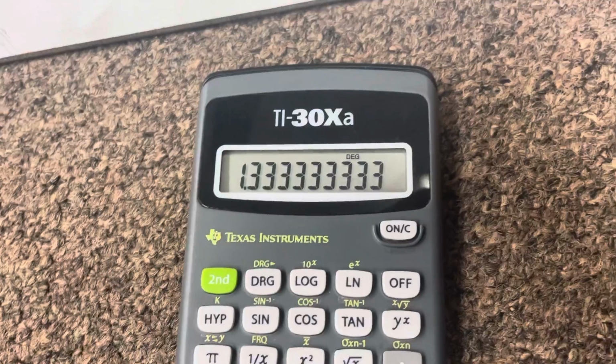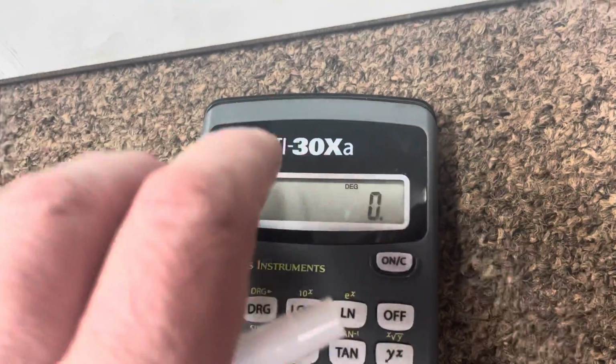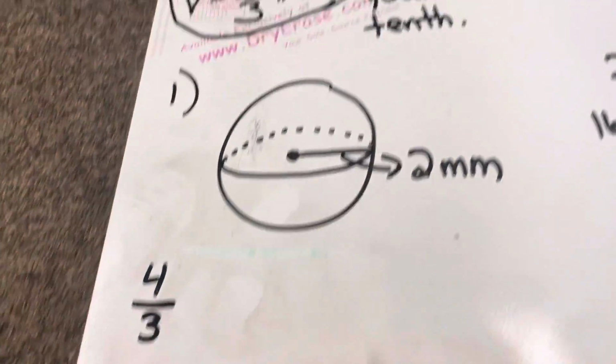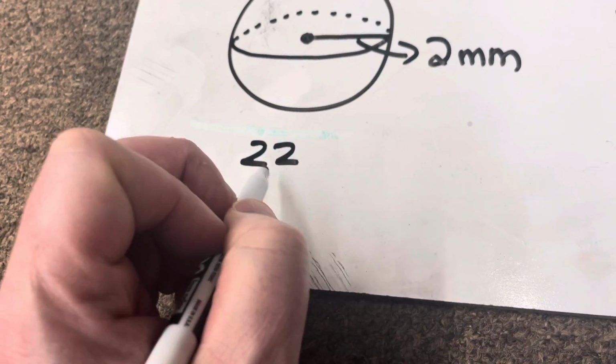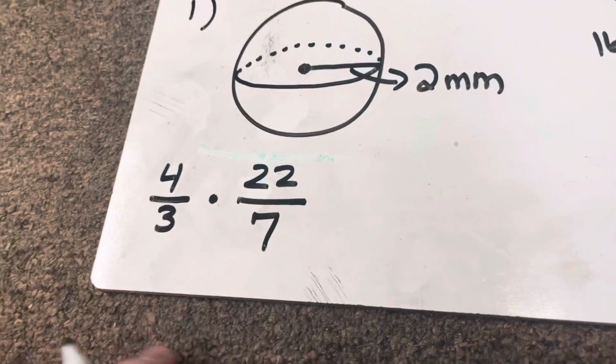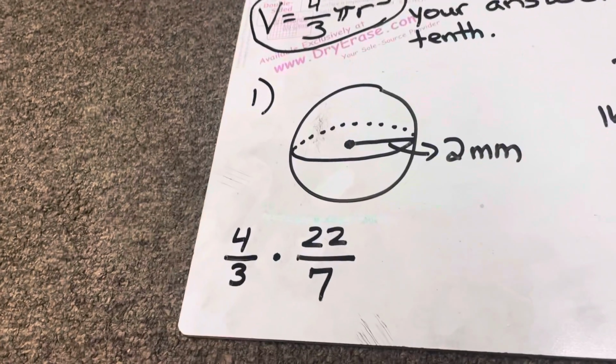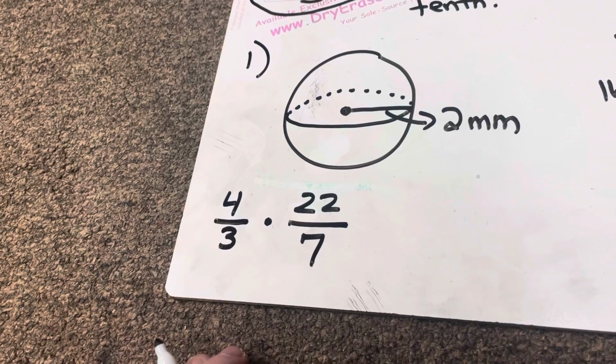So we're going to use 4 over 3, and for pi, I want you to use 22 over 7.